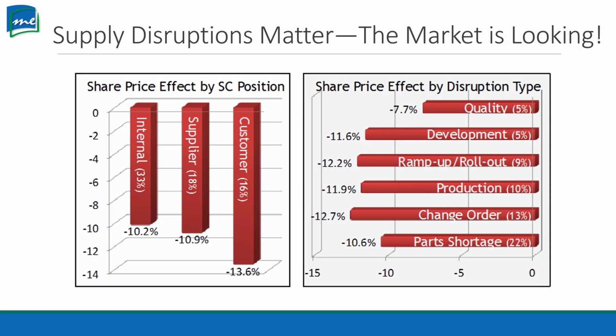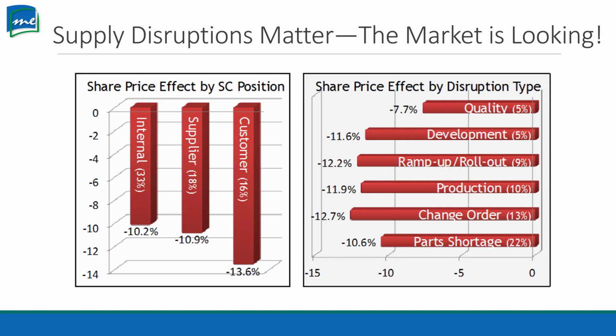Production, which happens about 10% of the time, your share price is going to drop 11.9%. A change order, which happens about 13% of the time. A change order can be anything from simply changing the color to a huge change. Your share price is going to drop about 12.7%.